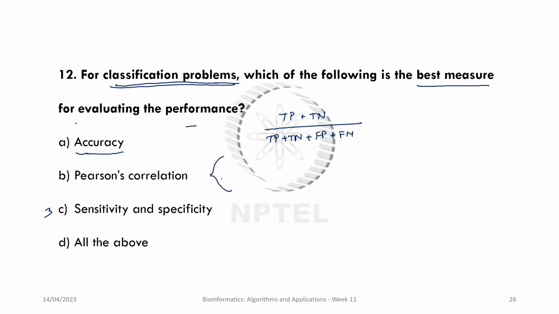When one parameter is closely correlated to some feature of a biomolecule or a protein, say, or some other behavior, and you're trying to use that correlation to apply to other unknown proteins or unknown cases, then it might help, but not in a classification problem. So that is why we are rejecting all the other three options and going with sensitivity and specificity.